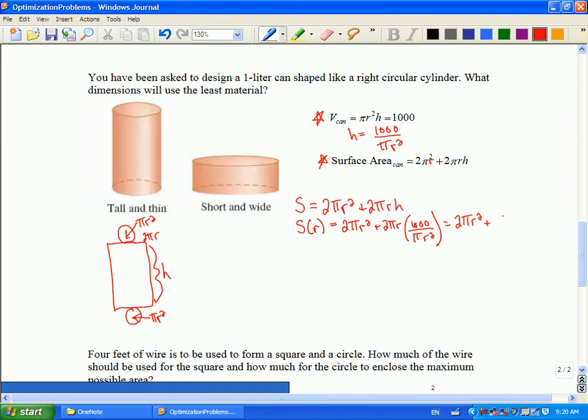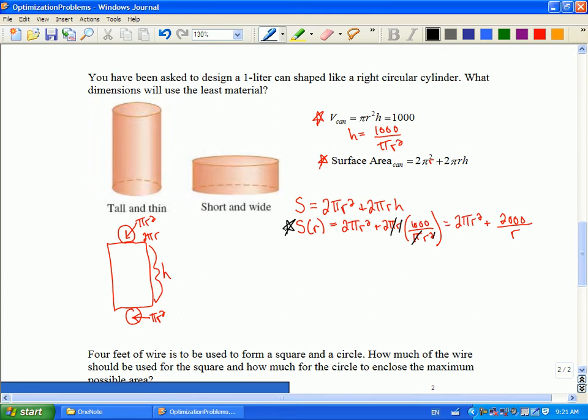So then I'm going to be left with 2,000 on top and an r on the bottom, because that r will be gone, the squared. There. Okay, so I've done a lot of the legwork. Again, the hard part for you is going to be trying to get your models to line up. Once we have a model, this is where I expect you're able to do your own work now. So try this one.